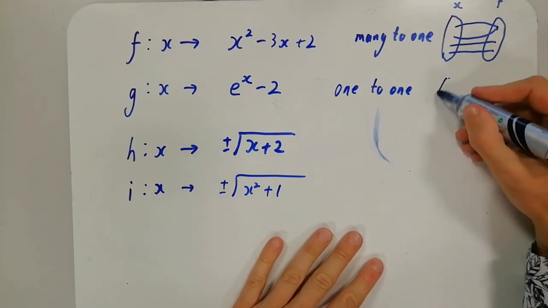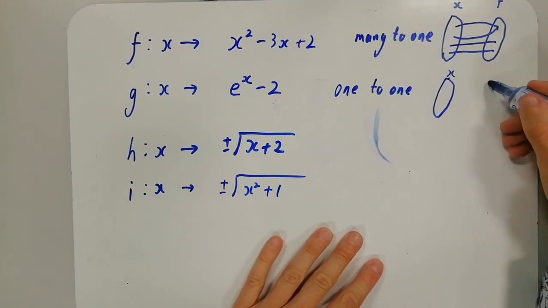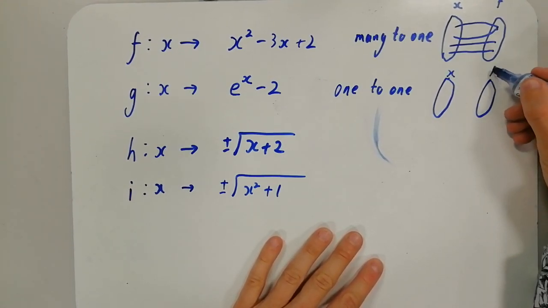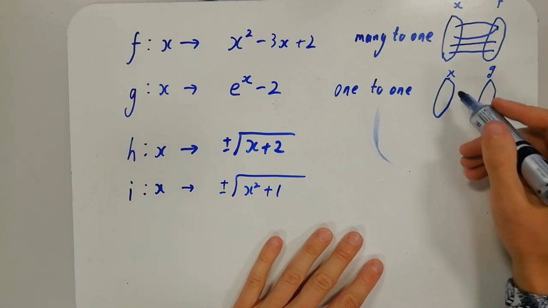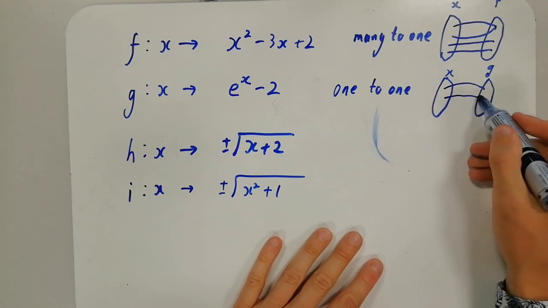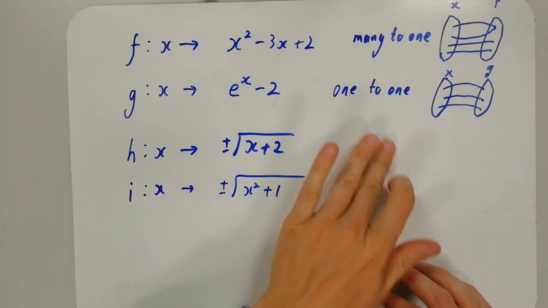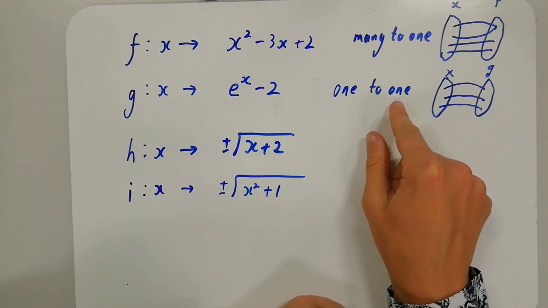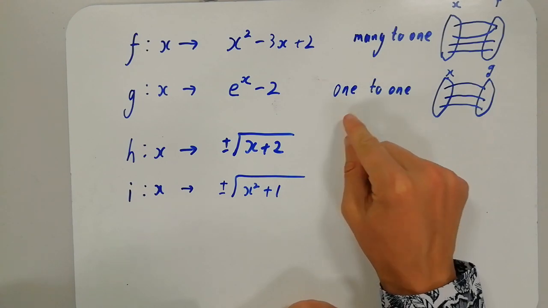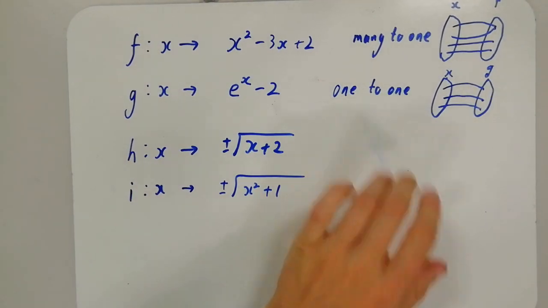That means that for any input, I get exactly one output. Okay, 1-to-1. Every input goes to one output, and every output came from one input. This is also a function.